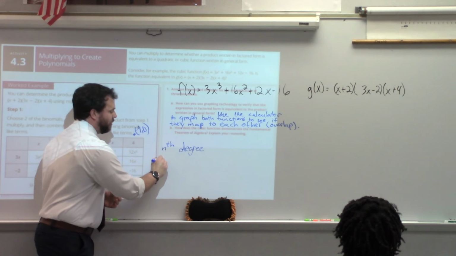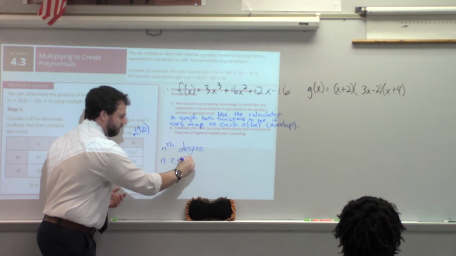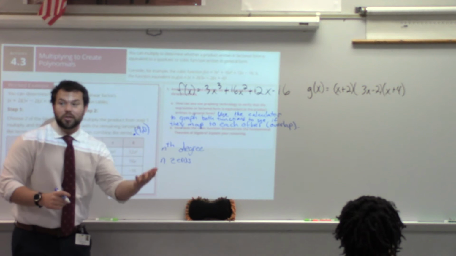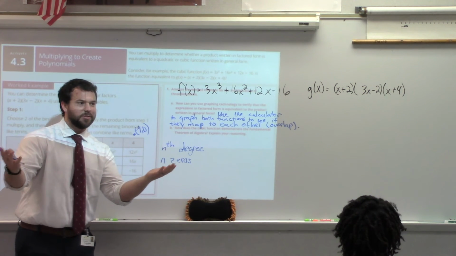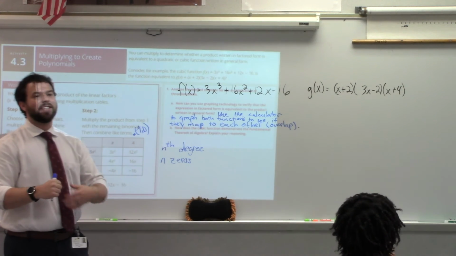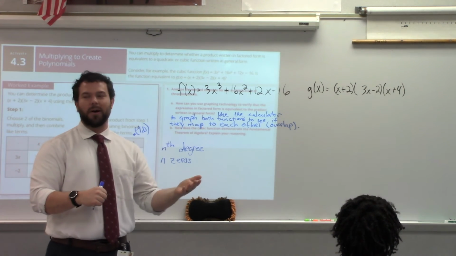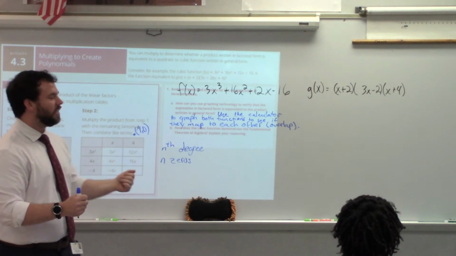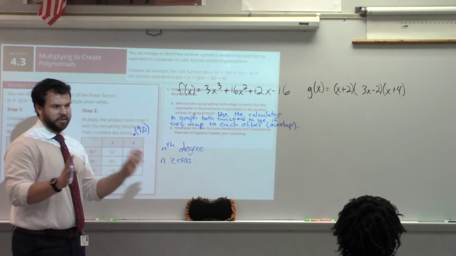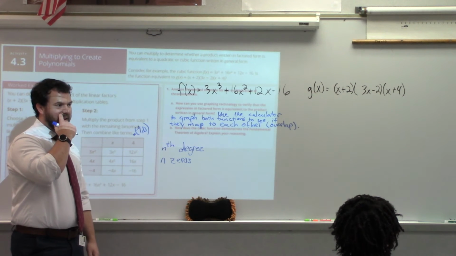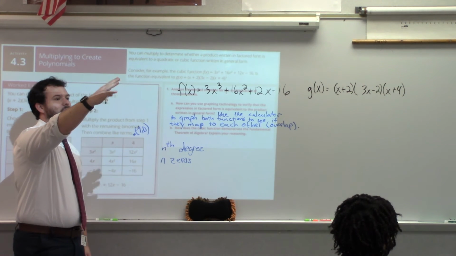You'd have n zeros. Like a 3rd degree polynomial has how many zeros? You don't say third zeros. You say 3 zeros. If it's a 17th degree polynomial, it would have 17 zeros. So an nth degree polynomial would have n zeros. That's all we need. That's how we make it abstract and applicable in all situations. Yes, sir.